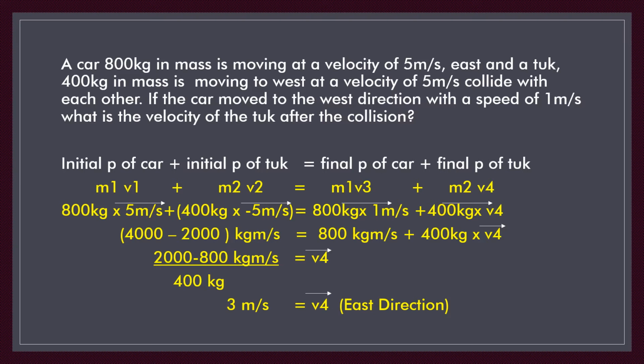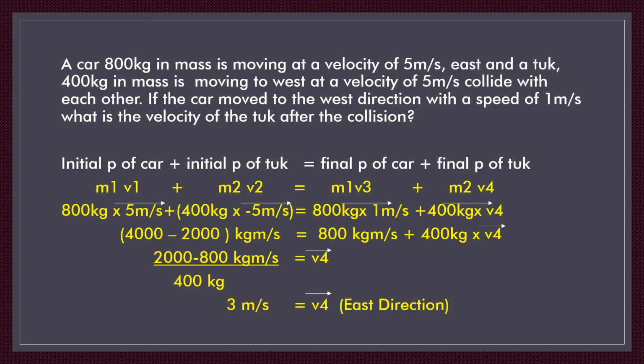And a tuk-tuk of 400 kilograms in mass is moving to the west at a velocity of 5 meters per second, and they collide with each other. If the car moves to the west, which is the opposite direction to which it was traveling, with a speed of 1 meter per second, what is the velocity of the tuk-tuk after the collision?